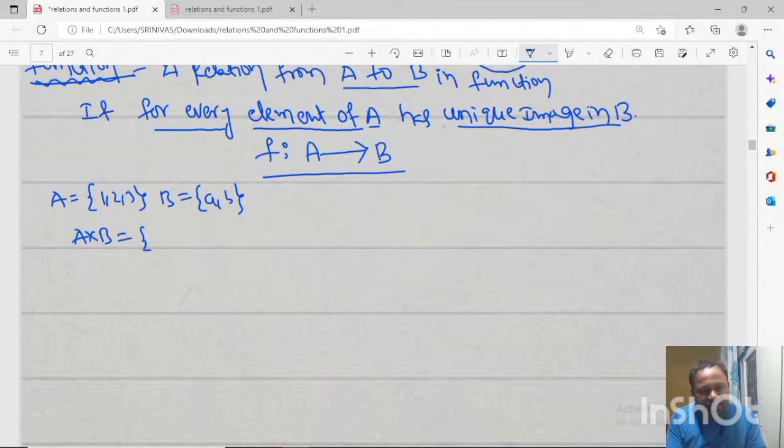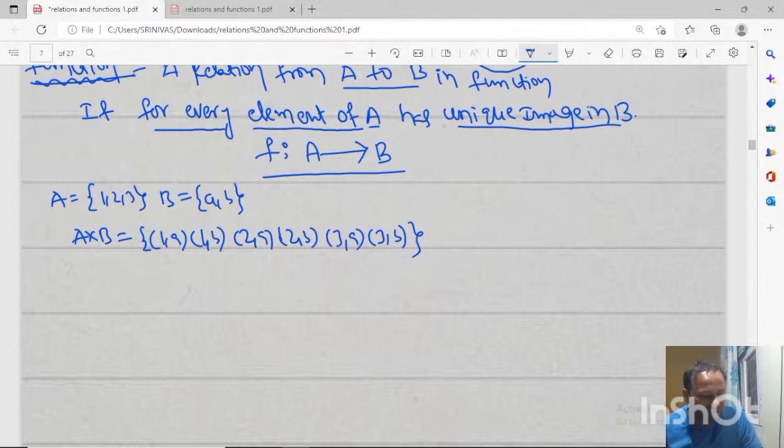A cross B is equal to {1a, 1b, 2a, 2b, 3a, 3b}, the Cartesian product. Next, the relation. You can take any relation. I will take {1a, 2b}.